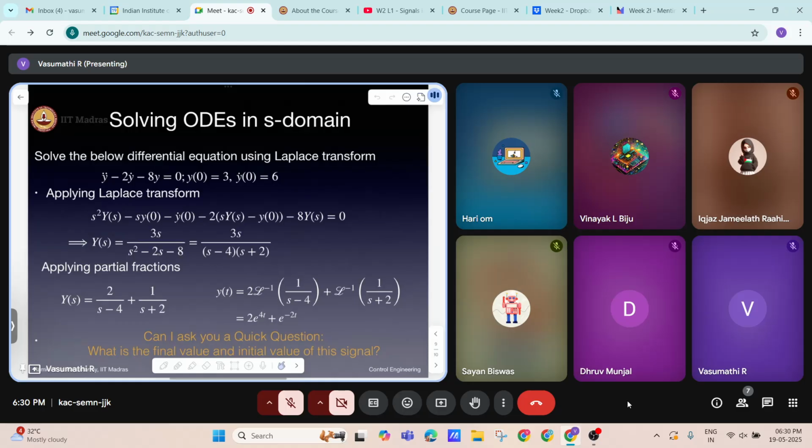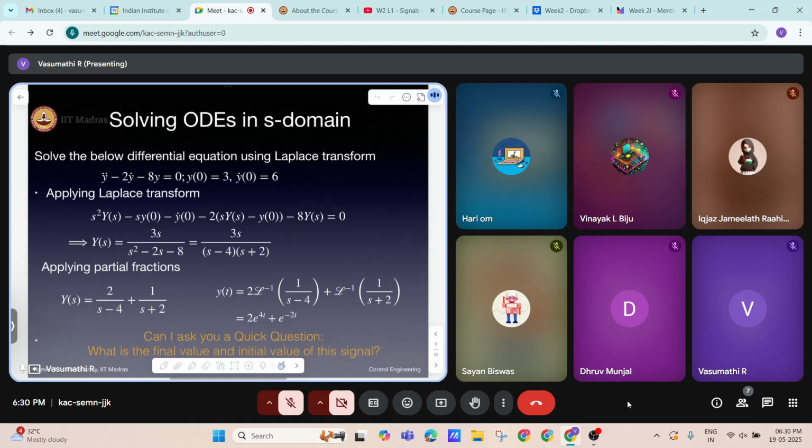We have been given the initial conditions, and we just apply the Laplace transform. For y double dot, it will be s square Y of s minus s into y of 0 minus y dot of 0, since it is a second order system. For 2y dot, it is 2 into s into Y of s minus y of 0; only one initial condition is needed. For 8y, it's simply 8 into Y of s.